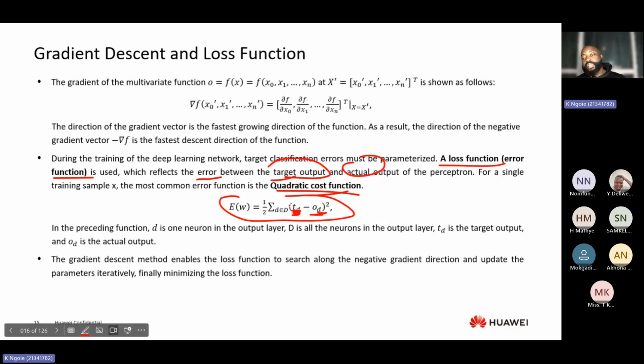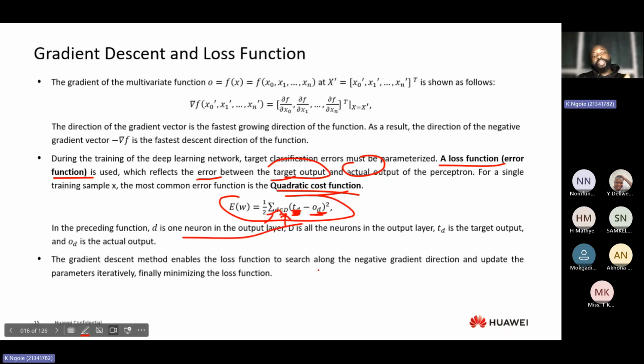So we take the target output minus the actual output. D here is the number of neurons in the output layer, and the small d would be one of the neurons in the output layer.